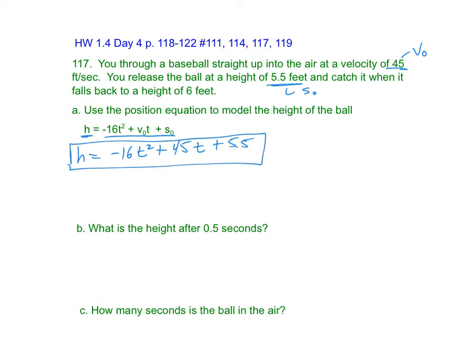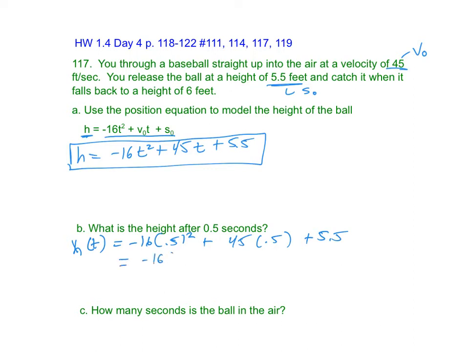Part B says, what is the height after half a second, 0.5 seconds? So in order to calculate that, we can use the function from part A, which is going to give us the height at any time t. So h of t is going to be equal to negative 16 times 0.5 squared plus 45 times 0.5 plus 5.5. And this would be a calculator problem if you enter this all into the calculator. I mean, I can simplify a little bit.